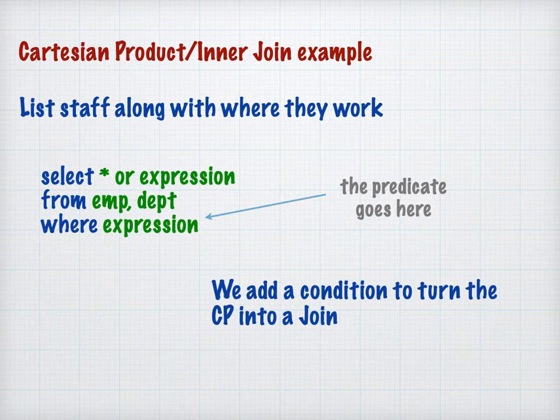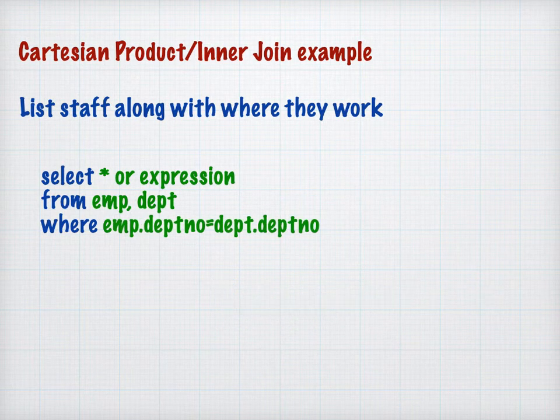And the notation that we use looks exactly the same as the one we saw before. Emp.department number equals department.department number. In other words, Cartesian product the tables together, so everything from the first table is combined with everything from the second table, but only keep the rows where the department numbers are the same as we parse down the table.